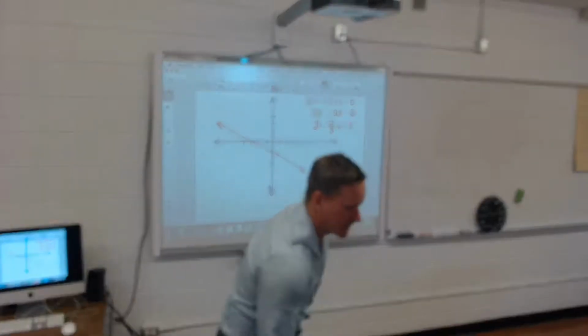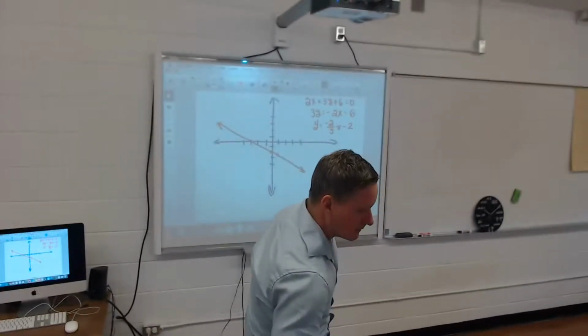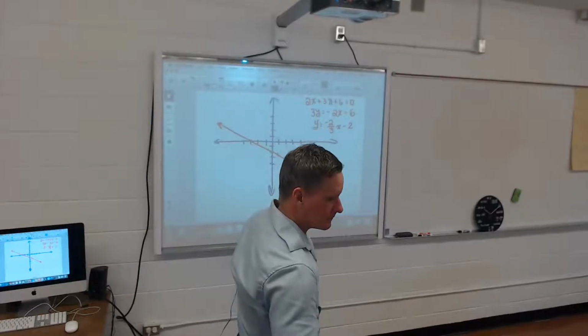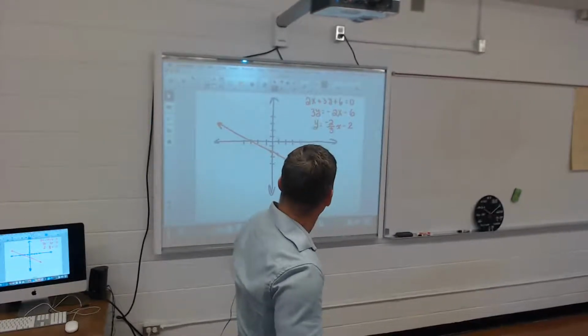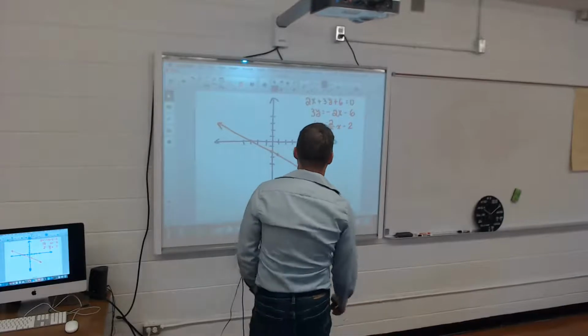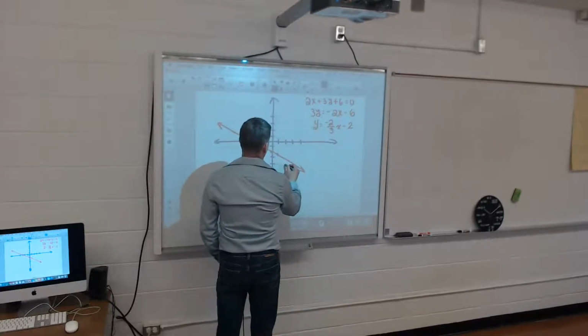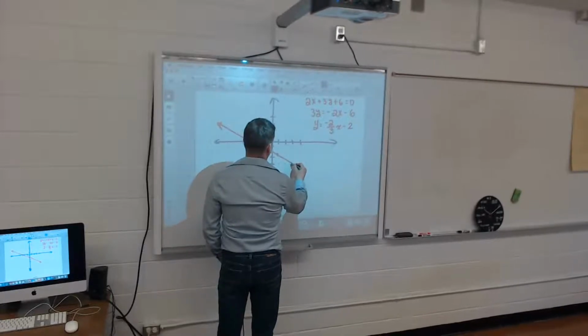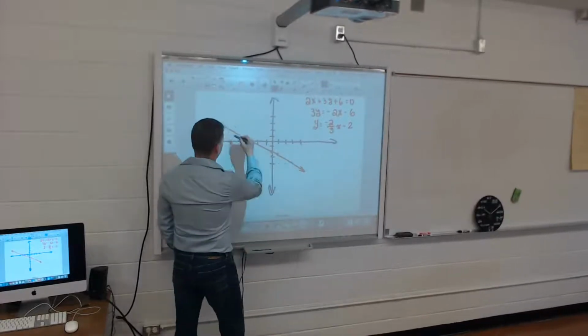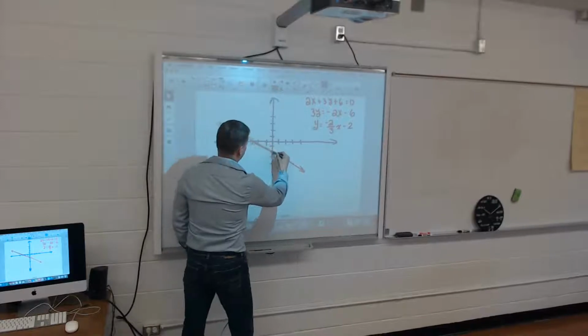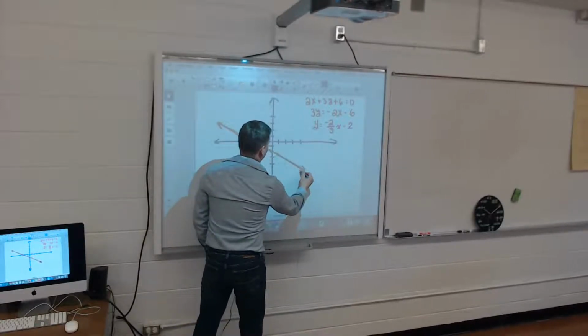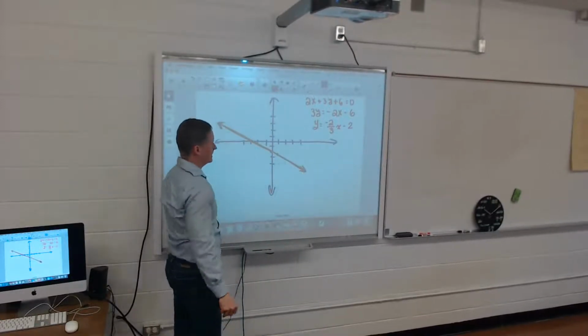What's my map say? Go down 2 and go right 3. Awesome. 1, 2 down, 1, 2, 3 over to that coordinate right there. And then I could draw my line through there again. And I have the exact same line.